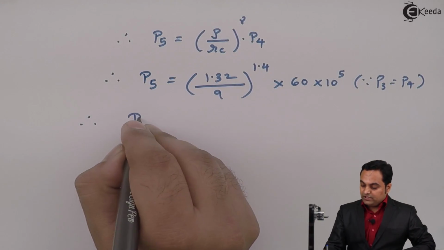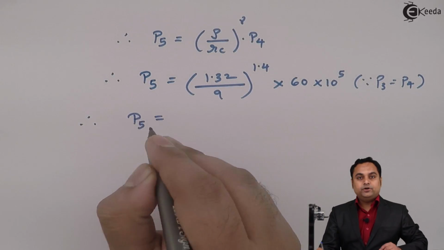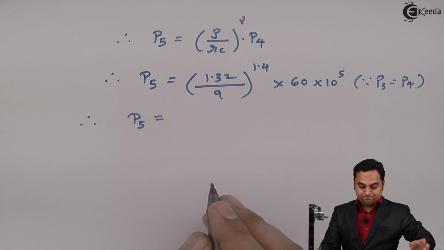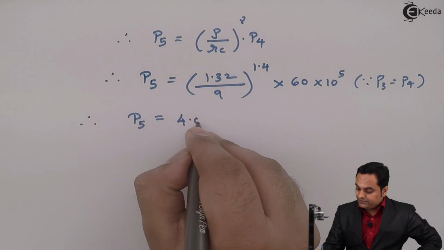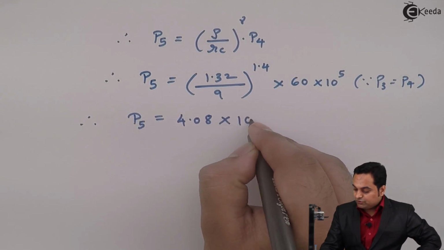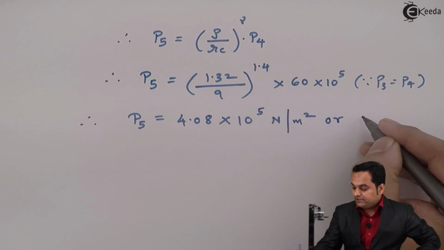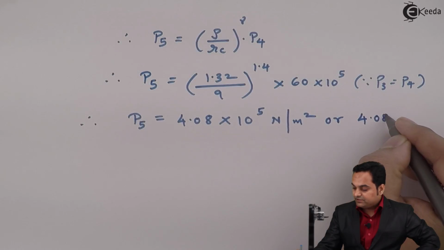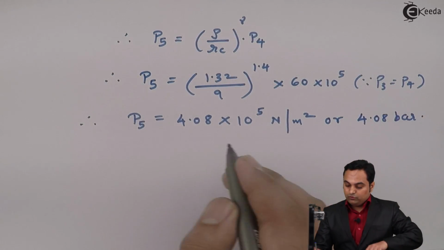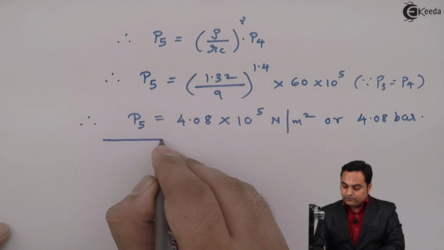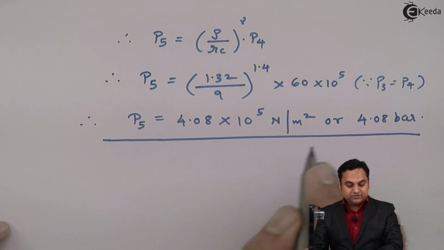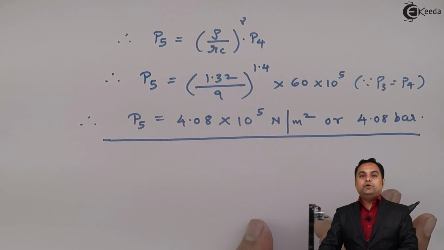On calculation I'll get the answer of pressure at point 5 as 4.08 into 10 raised to 5 Newton per meter square. Dividing by 10 raised to 5, I will get it in terms of bar. So 4.08 bar. So here I have calculated the pressures and temperatures at all the points.